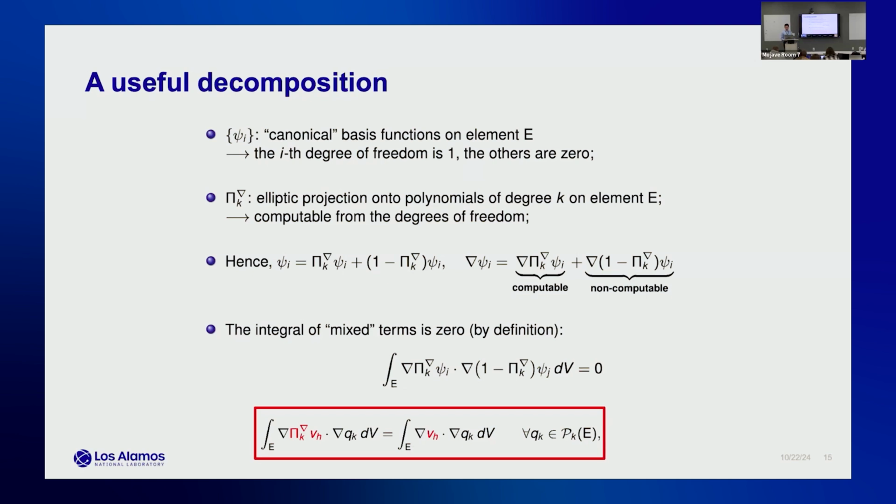The second part is the complement. We know how to compute the polynomial projection, but we don't know how to compute the complement. But when we assemble the stiffness matrix, we need the term where pi k nabla phi i is multiplied by the complement of this projection. It is 0 by definition in this inner product that induces the H1 semi-norm.